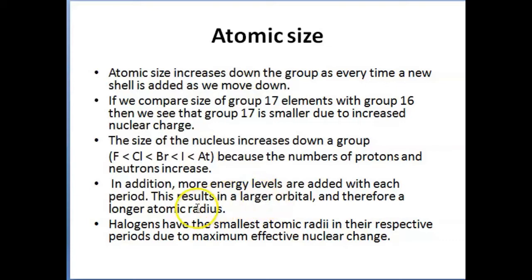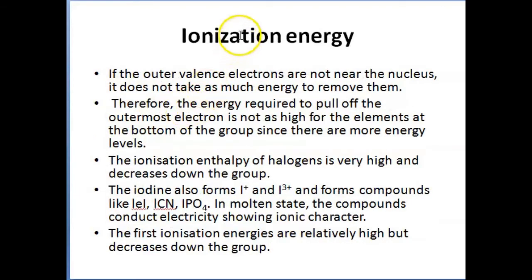Next, when we talk about the ionization energy of the halogen family, if the outer valence shell electrons are not near the nucleus, it does not take much energy to remove them. Hence, the energy required to pull off the outermost electron is not as high for the elements at the bottom of the group because there are more energy levels.